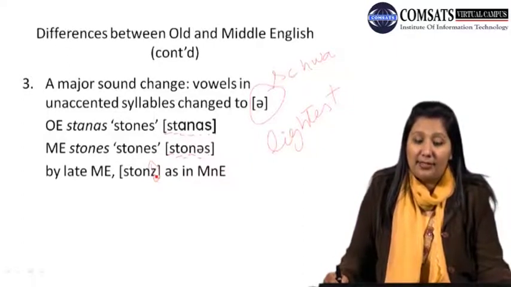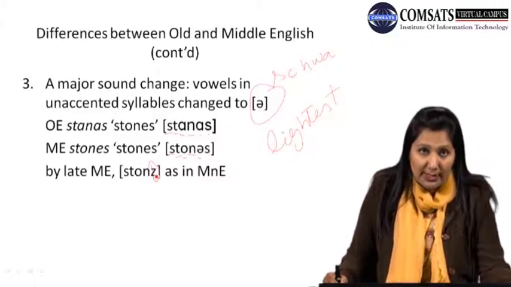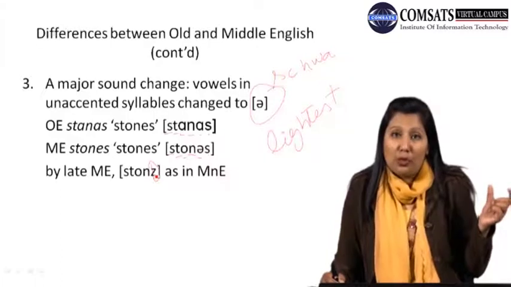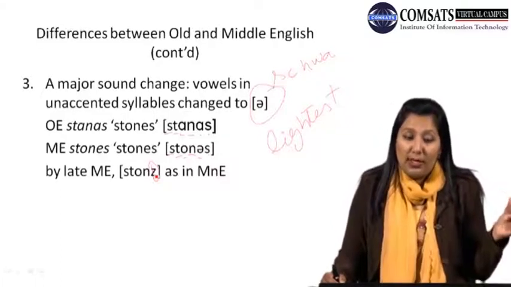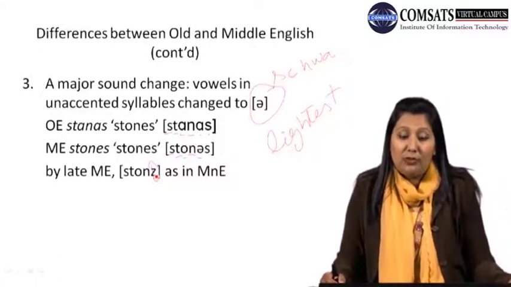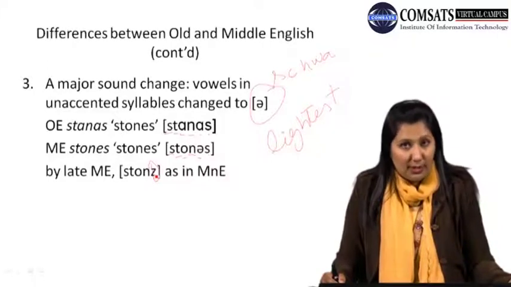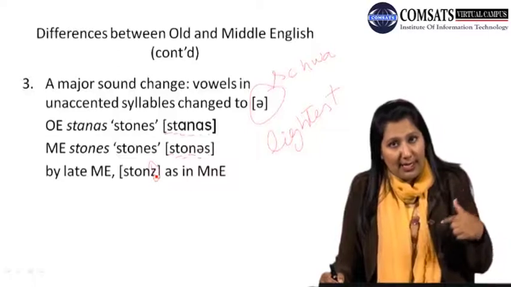That is, as in the modern English period, it is known as stones, with a z sound. We pronounce it as stones these days. Whereas in the Old English period, it was stonos. In the Middle English period, it was stonus.